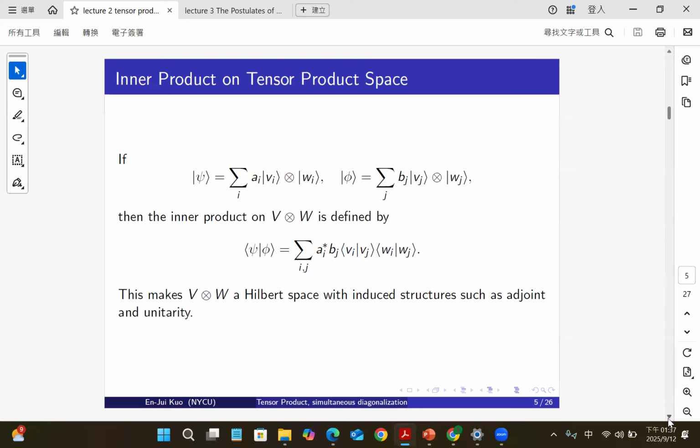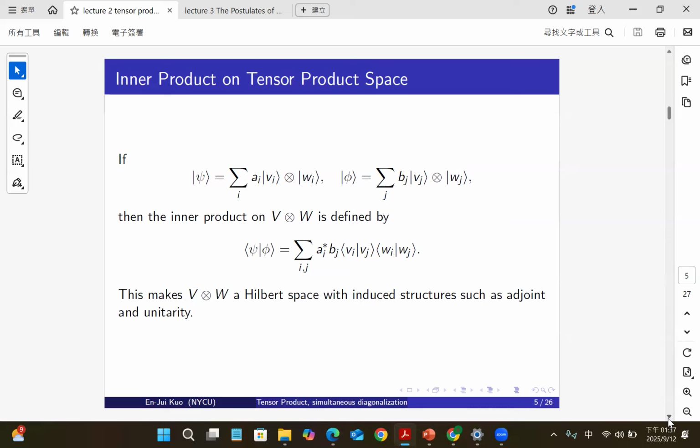So maybe let me do an example for you. So for example, this is almost trivial, right? So say I take psi to be a vector in the space, it has to be a vector in it, right?